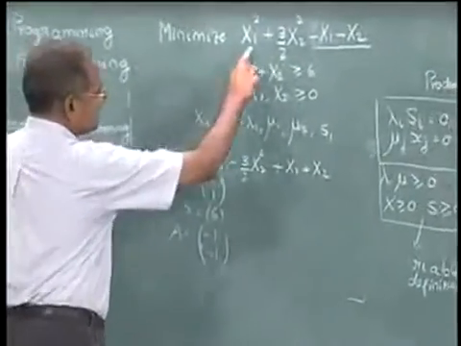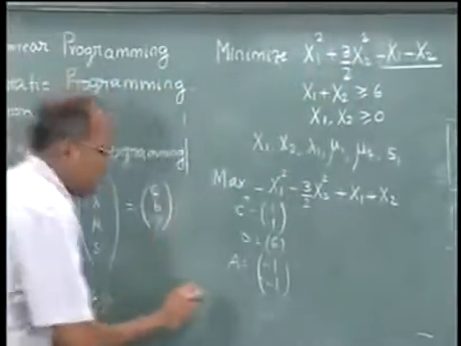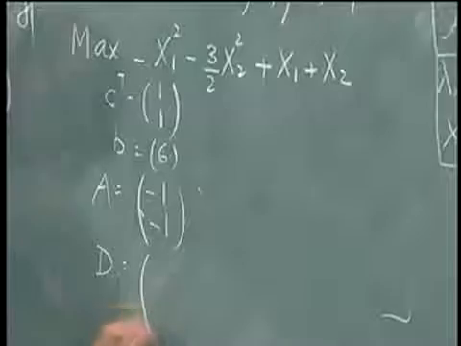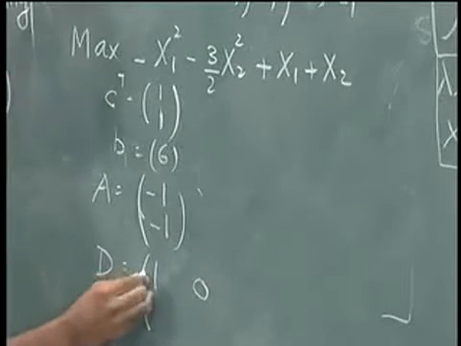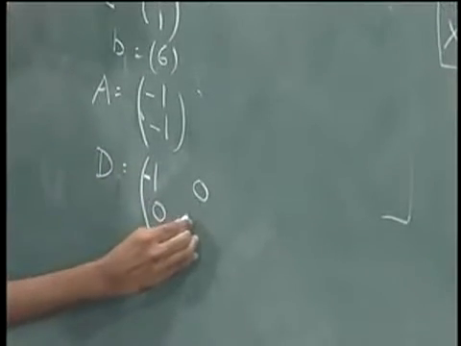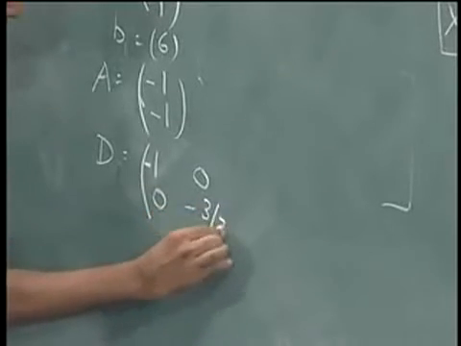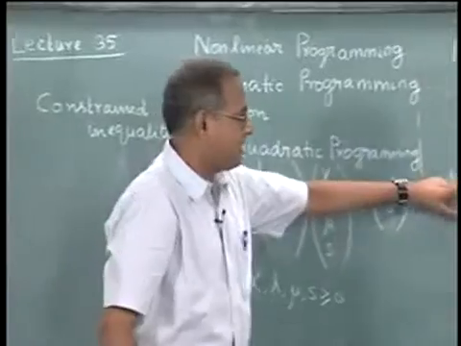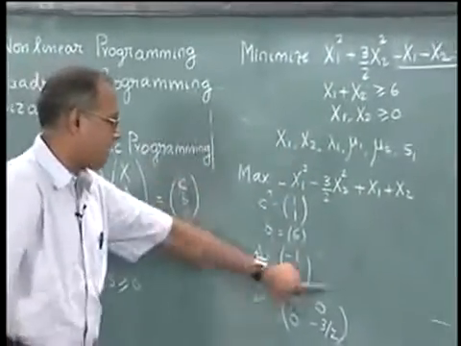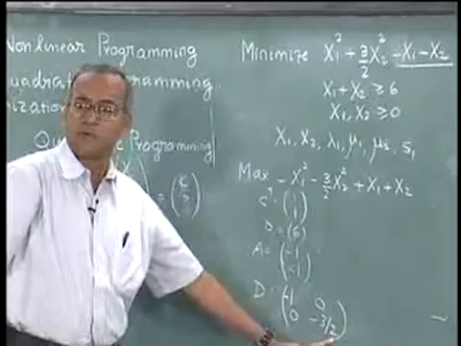Now from this we have to write 2D, so D will become 1 0. It's a maximization, so minus 1 0, 0 minus 3 by 2, so that x transpose Dx would give us minus x1 square, 0 x1 x2, minus 3 by 2 x2 square.